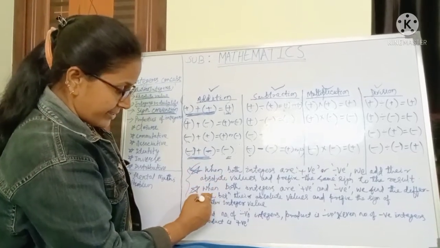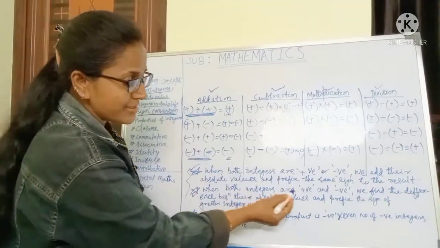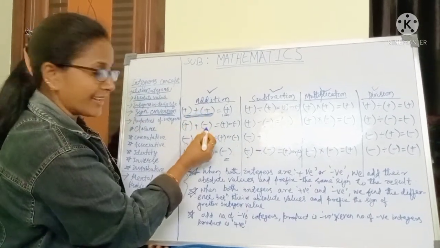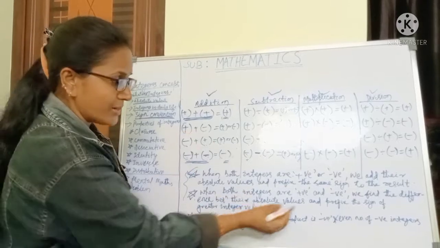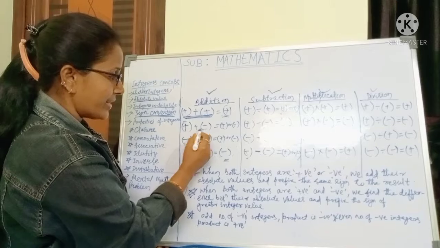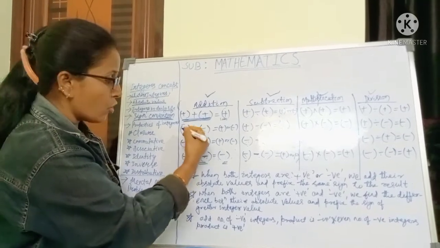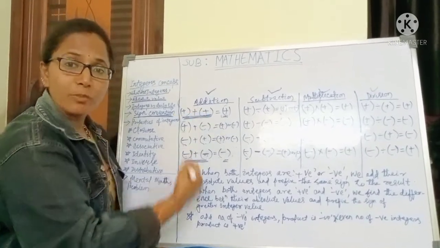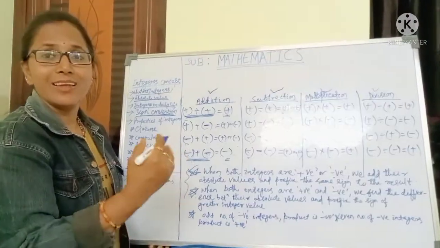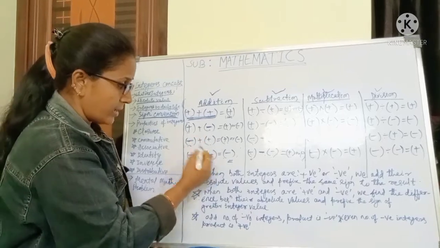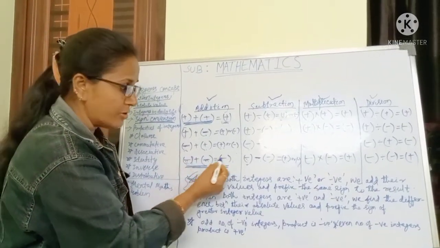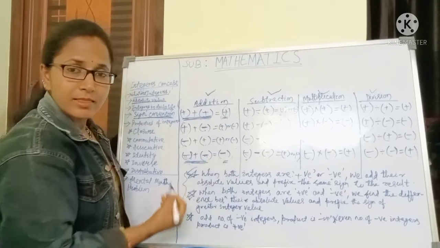But for the second property, when one integer is positive and the other negative, we find the difference between their absolute values, because any one negative sign denotes a subtraction. If both numbers are negative, you add the absolute values and the sign is negative.